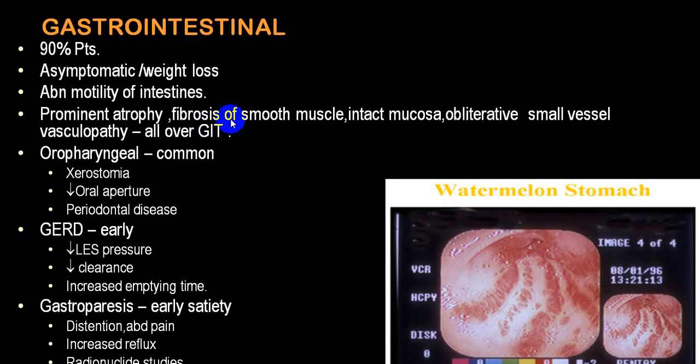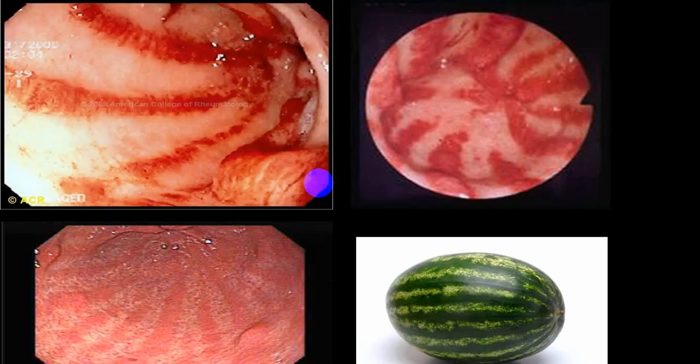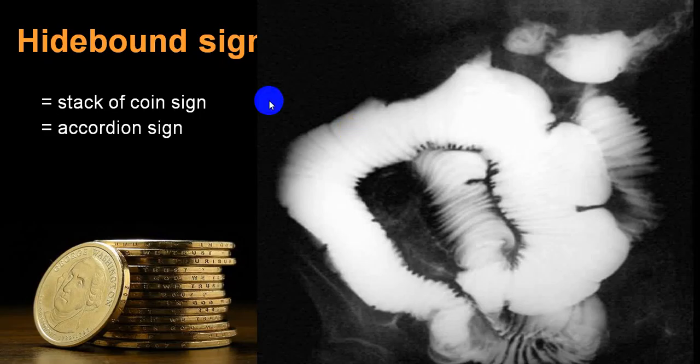So there is one typical stomach distribution, called watermelon stomach. Very, very typical of stomach involvement. This is the endoscopic view. It looks like watermelon, so it is described as watermelon. In small bowel, it is described as hidebound sign, or stack of coin sign, accordion sign.